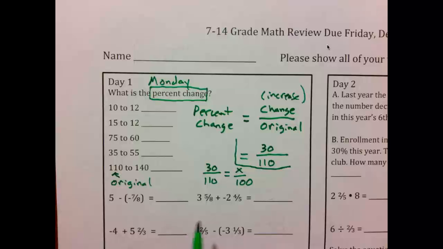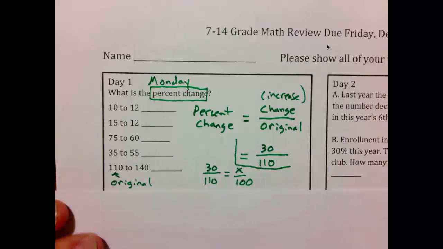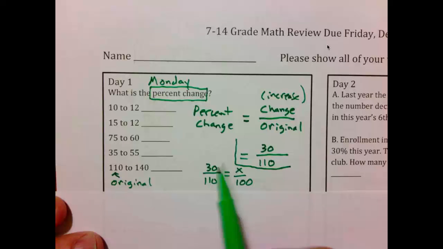First I can do a little reducing on the left-hand side. Both 10 go into 30 and 110. Essentially, I can cast out these zeros. 30 over 110 is the same as 3 over 11.